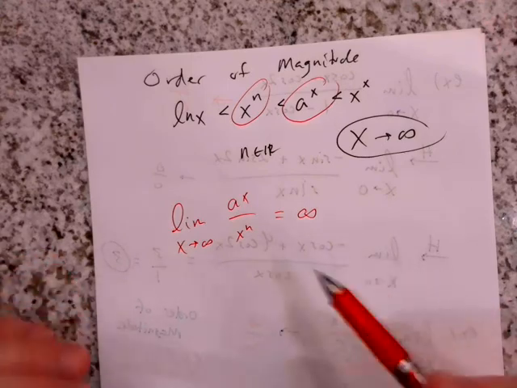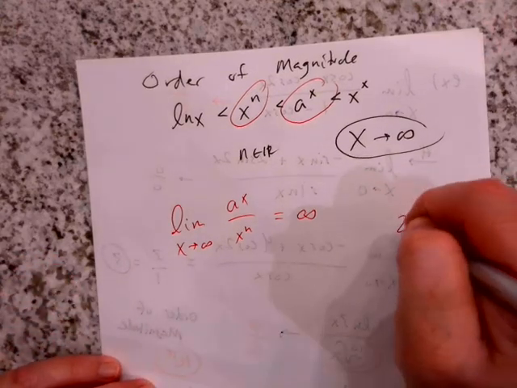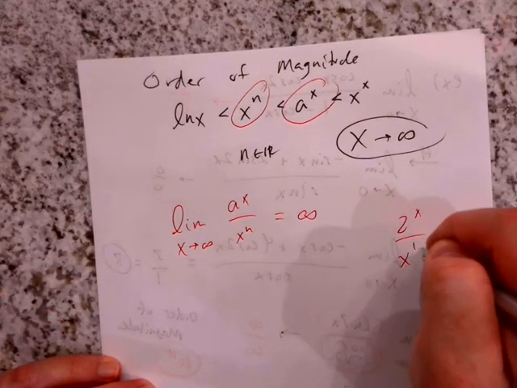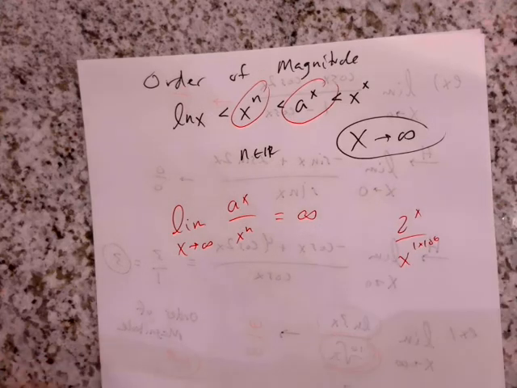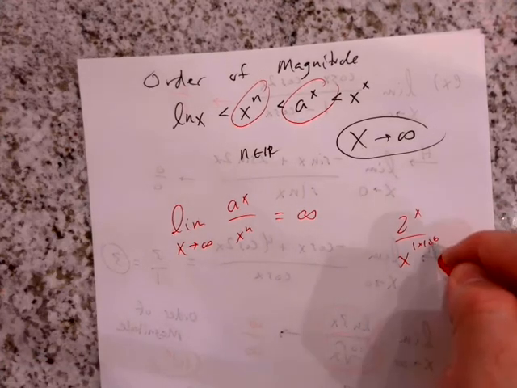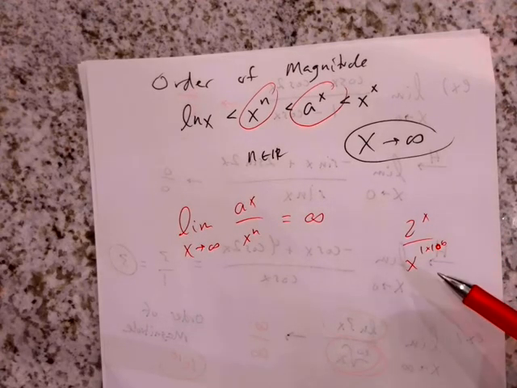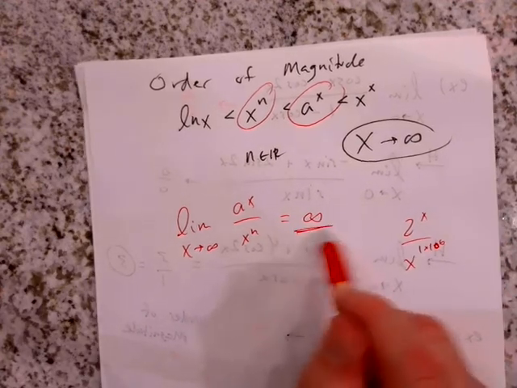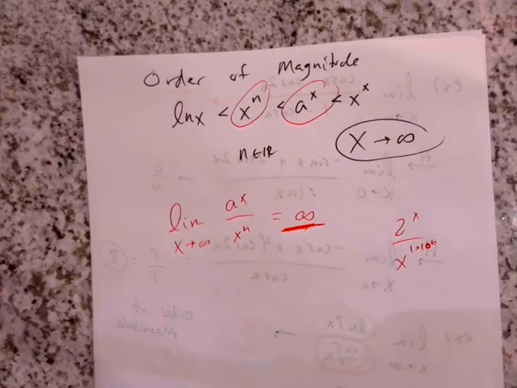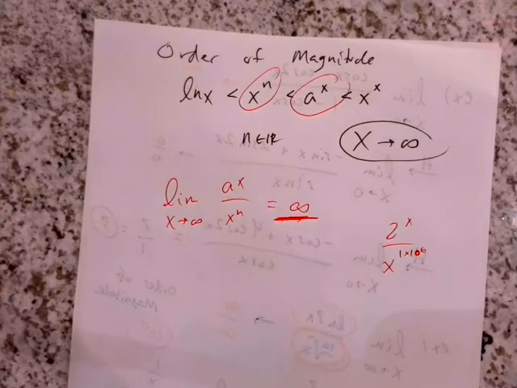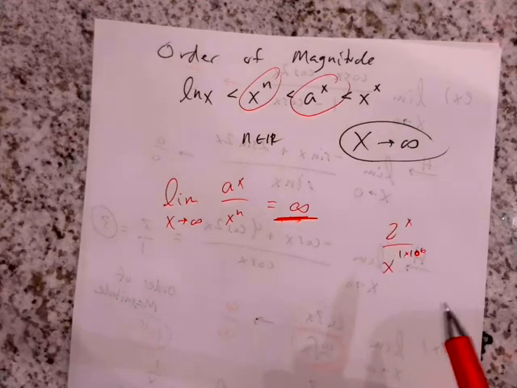And again, if it was like 2 to the x over x to the million, 1 times 10 to the 6, it would take a long time for 2 to the x to pass this function. But infinity is incomprehensibly large. So infinity has all the time in the world. Eventually 2 to the x will pass it, and by a factor of infinity.